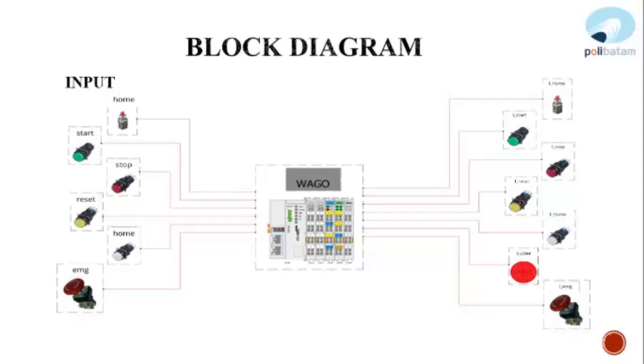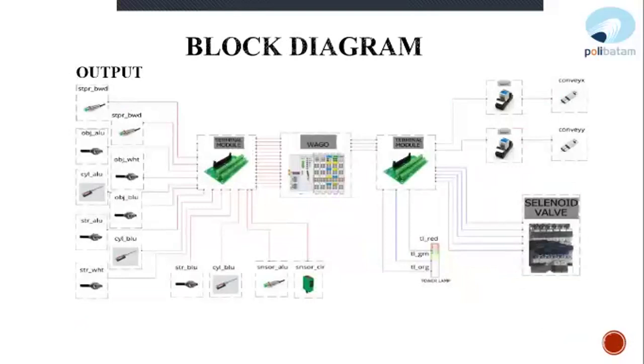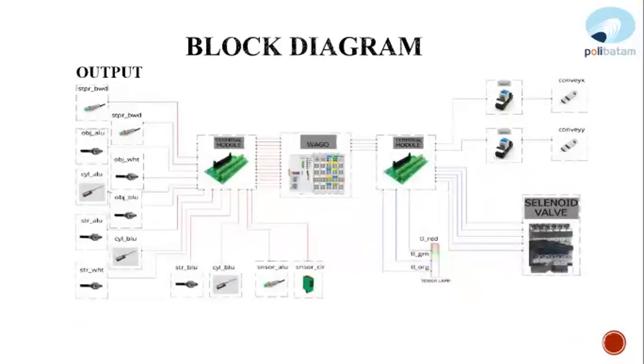Okay, next. In here, block diagram output. This machine has cylinder, lamp, solenoid.